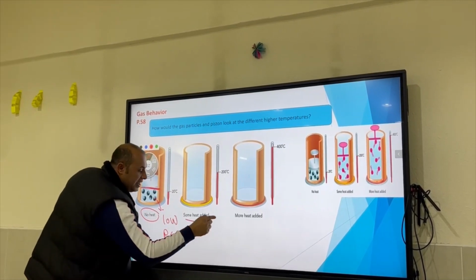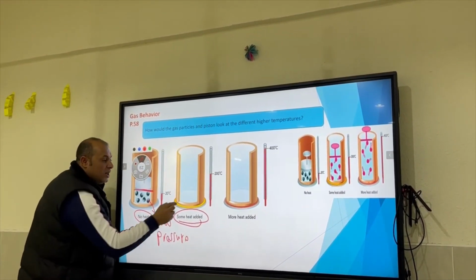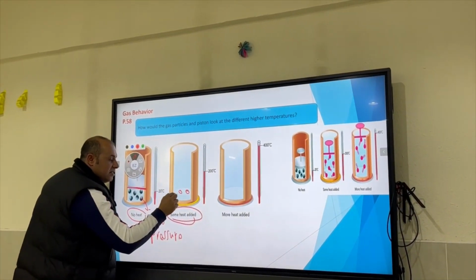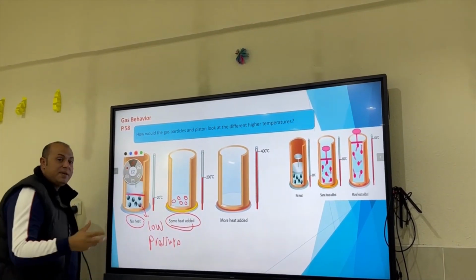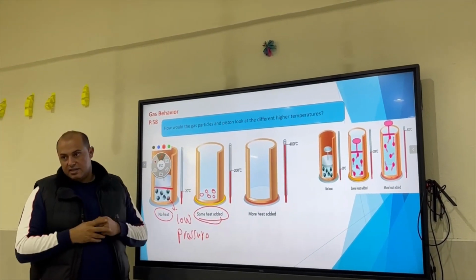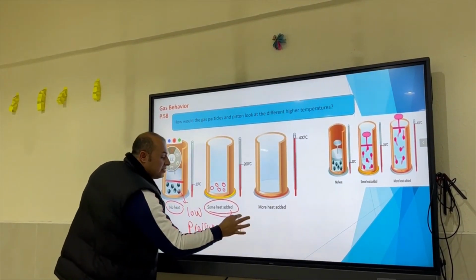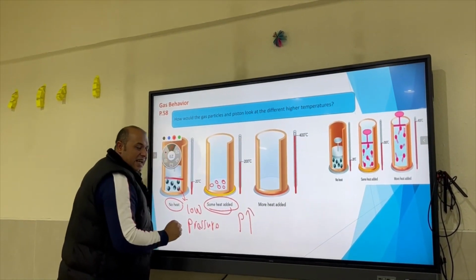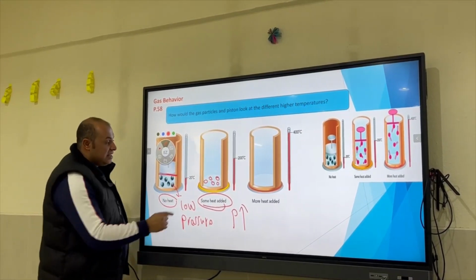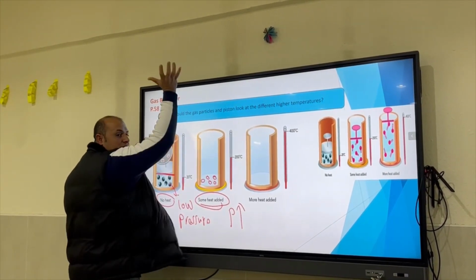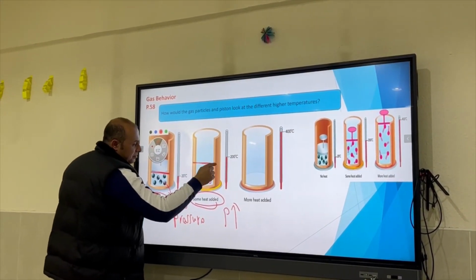When you add some heat, what about the particles of gas? Their speed increases, so the pressure increases. When the pressure increases, the pressure of the gas will push the piston up.